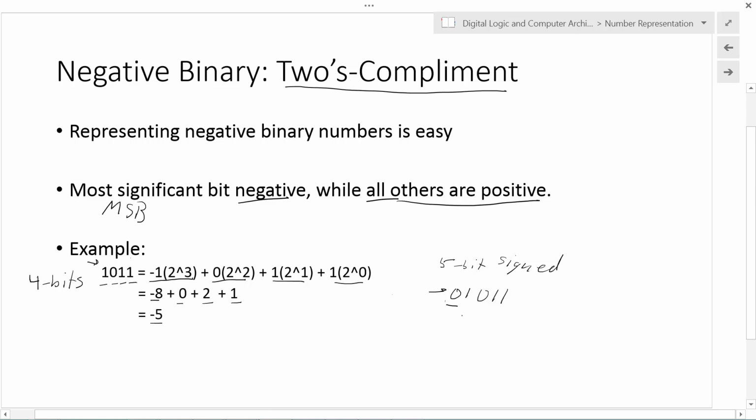So the most significant bit represents the negative number, right? So let's go through this here. For 5-bit, we have 0 times 2 to the 4 plus 1 times 2 to the 3. Notice that this 1 is now no longer the MSB. MSB is 0.